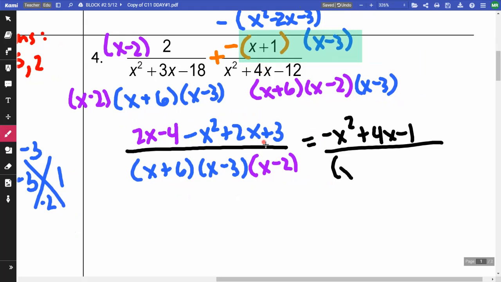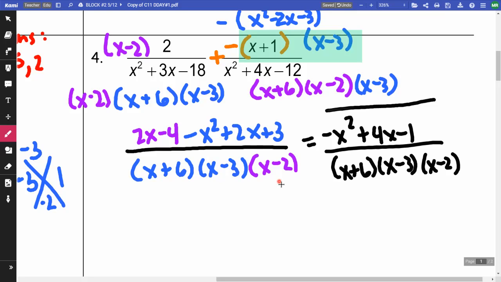And we could try to factor that, but that's not going to be factorable. So I'm going to have -x squared plus 4x minus 1 times x plus 6 times x minus 3 times x minus 2. And that is our answer.